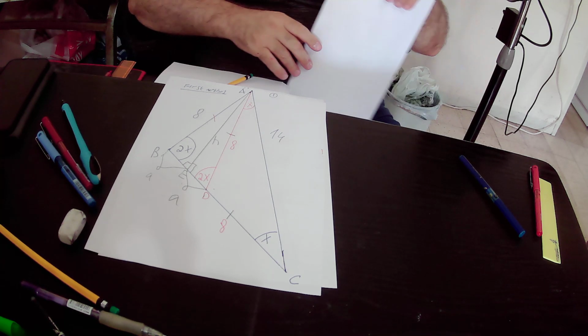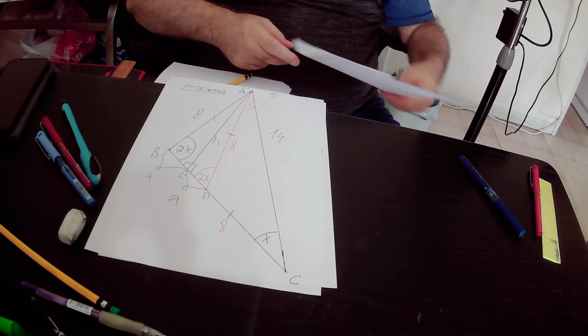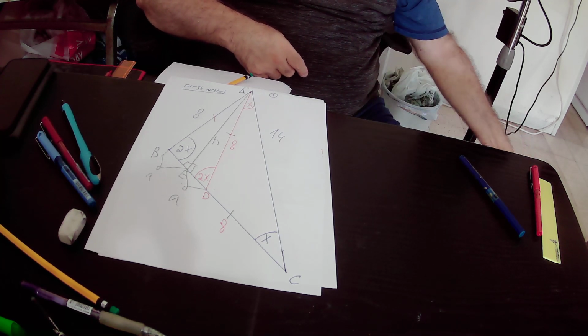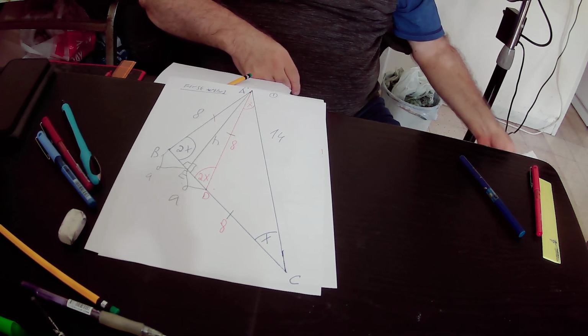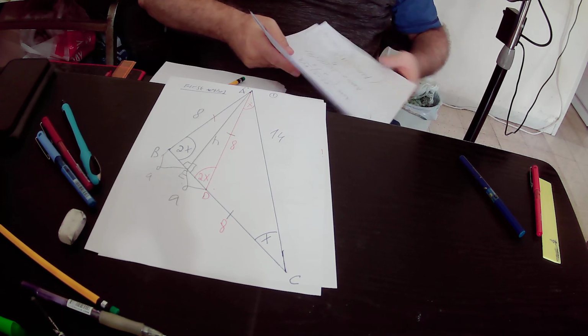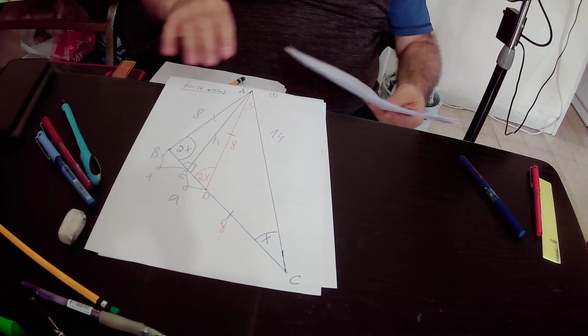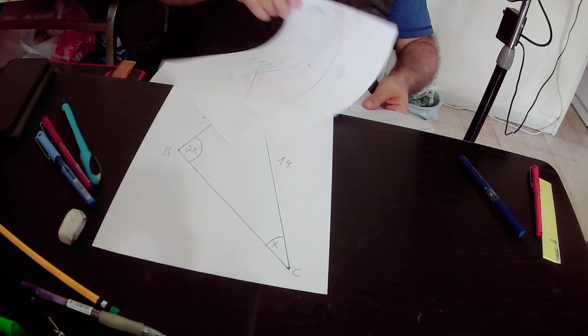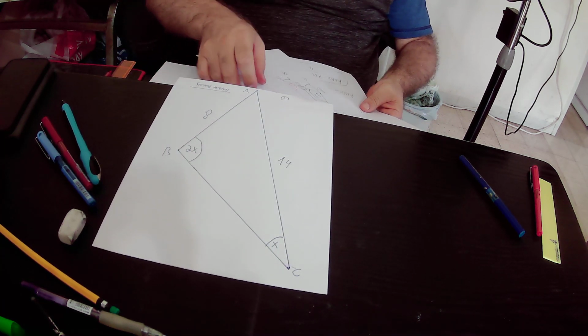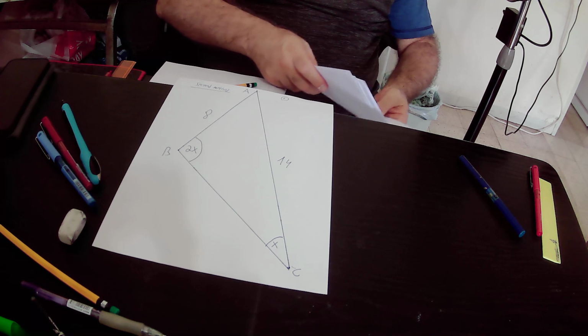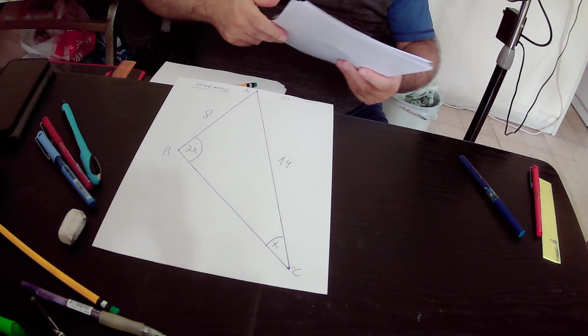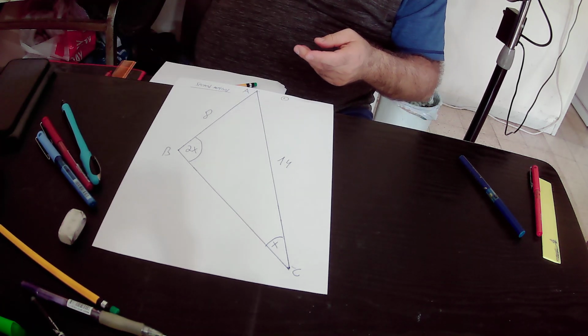Okay, so that was the first method in finding out the area of triangle ABC. In the next step, I will present to you a second method to find out the area of triangle ABC. Okay?